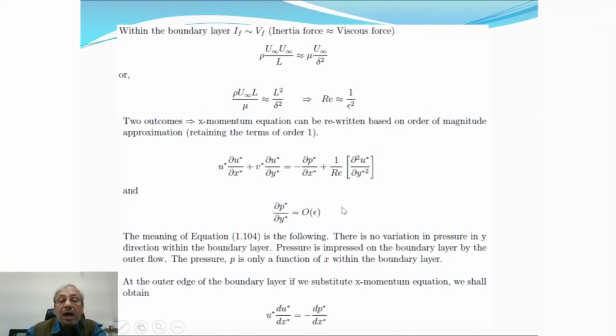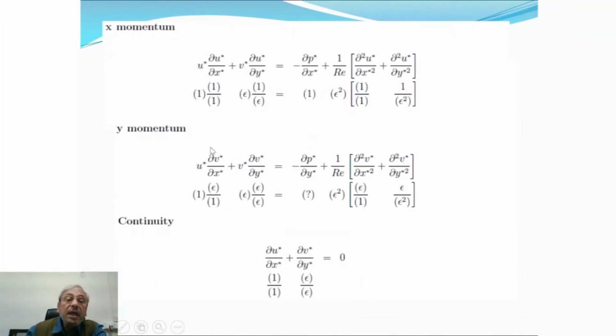And for del P star del y star, we will see here that the order of this term is epsilon and the order of this term is epsilon. Now after multiplying with Reynolds number, since 1 by Reynolds number is of the order of epsilon square, within the bracket earlier we got this is epsilon by 1 and this is epsilon by epsilon square.